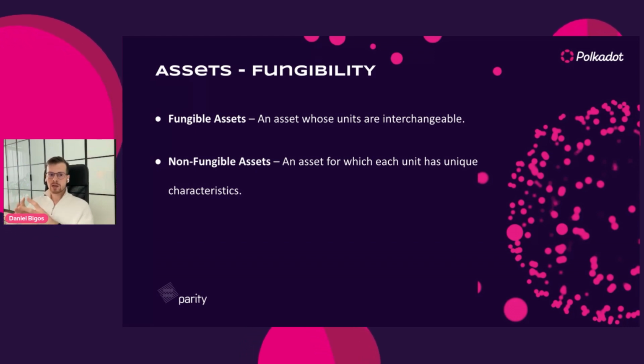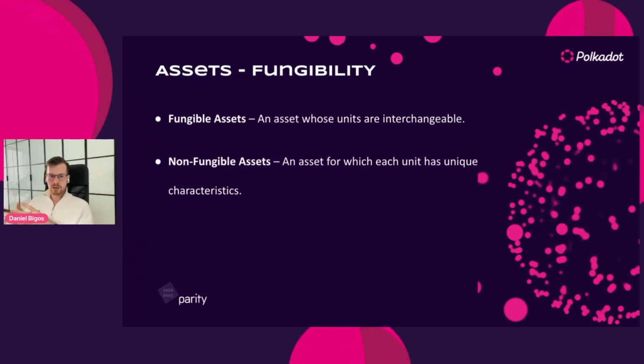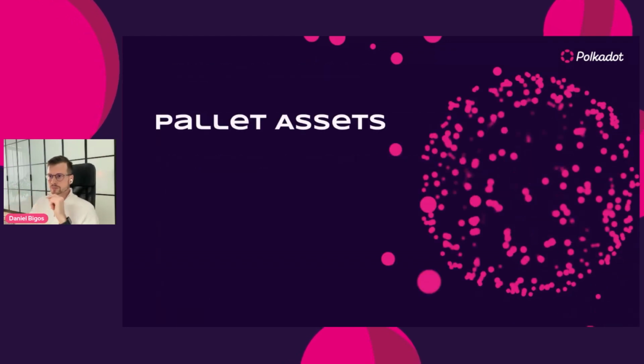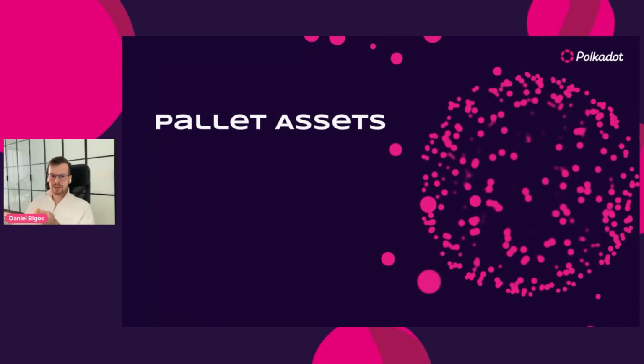And our apartments are different, so our assets representing our apartments are different, are not exchangeable. Today, we are going to talk about fungible assets, and fungible assets are enabled in the Polkadot ecosystem with the assets pallet.